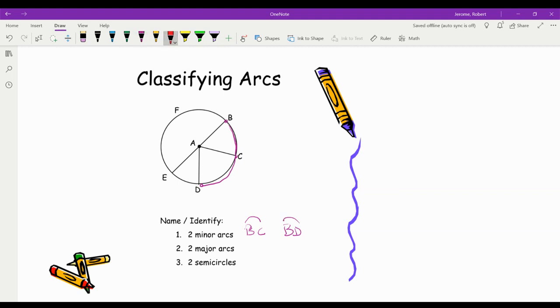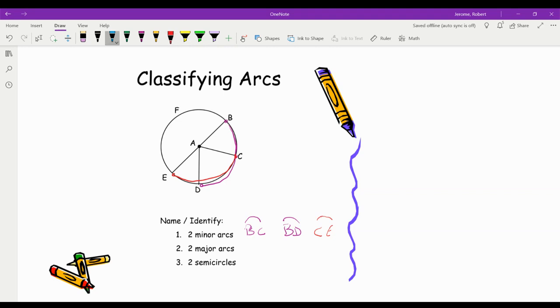If I wanted to, I could start at C and go to E. And again, it's not about clockwise or counterclockwise. It's about how far around the circle we go. So there's a few more, and you can certainly think about those.